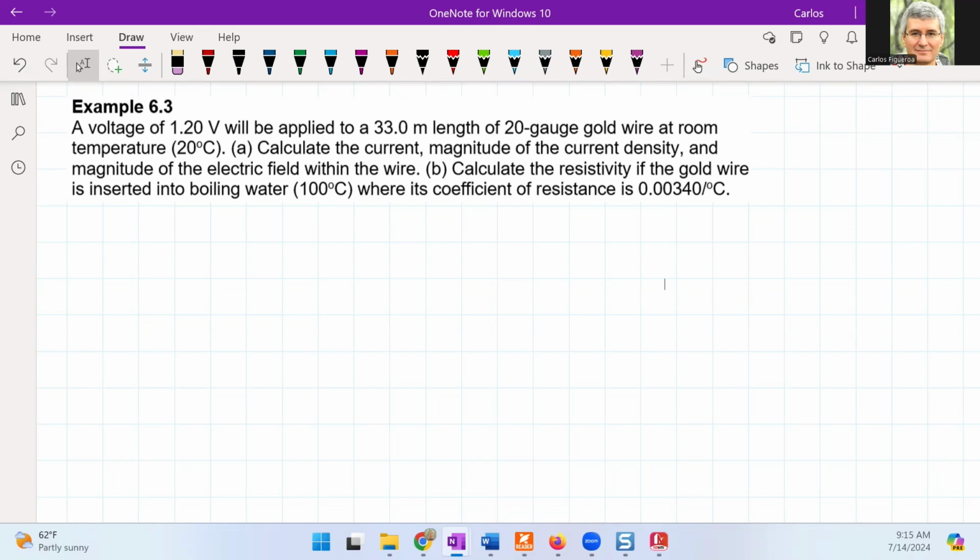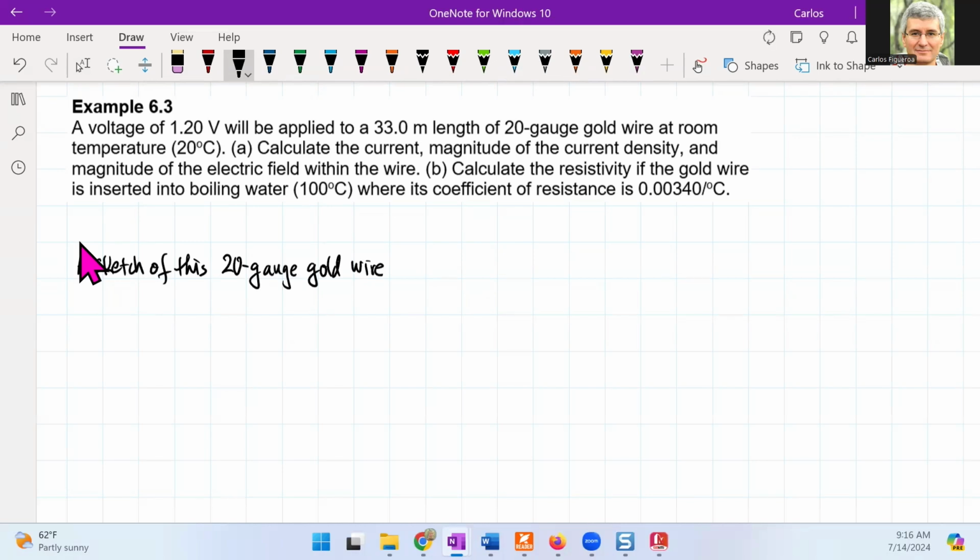Let's sketch a picture here. So if I'm looking at a wire, I'm seeing a sketch of this 20-gauge gold wire.